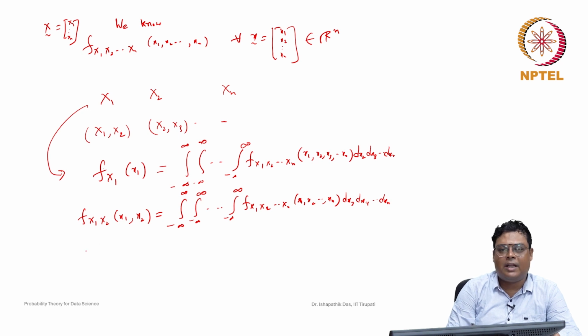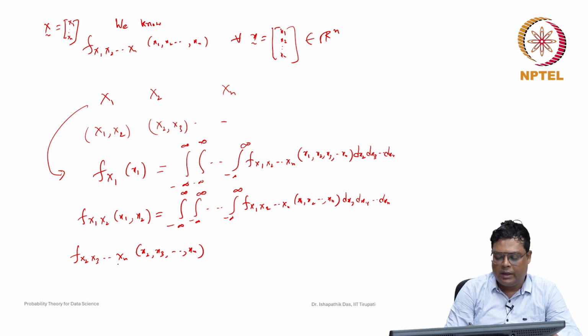Similarly, suppose instead of x1, x2, we want to find the marginal probability density function of x2, x3, ..., xn. This is one subset. We want to keep these random variables, as we are interested in their marginal probability density function. In that case, since we don't want x1, we integrate the joint probability density function f(x1, x2, ..., xn) from minus infinity to plus infinity with respect to dx1. Whatever we don't want, we integrate out, and then we find the marginal probability density function.